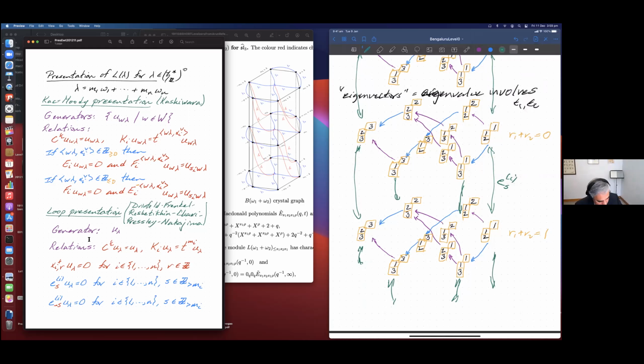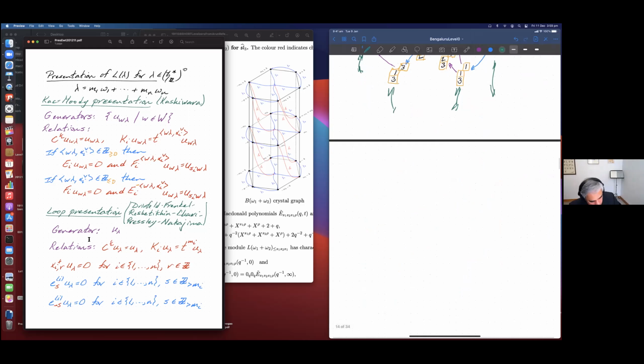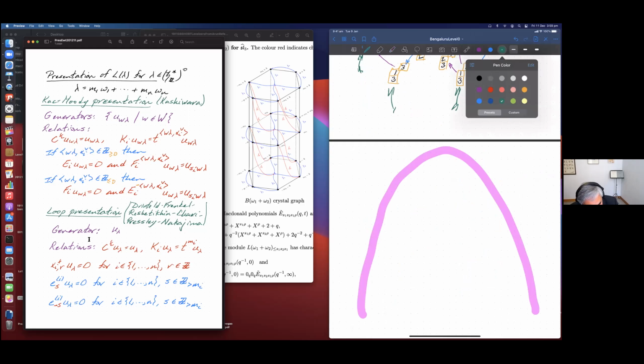So in positive level, the modules look like this somehow. And then you have extremal weights.